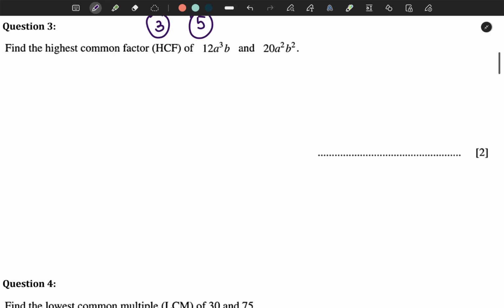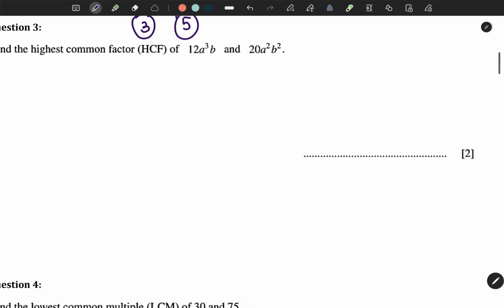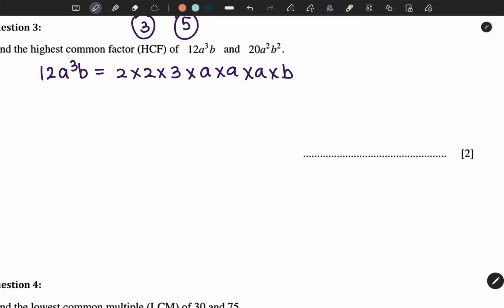Write down the highest common factor of 12a cubed b and 20a squared b squared. First, try to write the number 12 as a product of prime factors, which will be 2 times 2 times 3. Next, we have 3 a's, which is written as a times a times a, and we have 1 b. Next, 20a squared b squared.